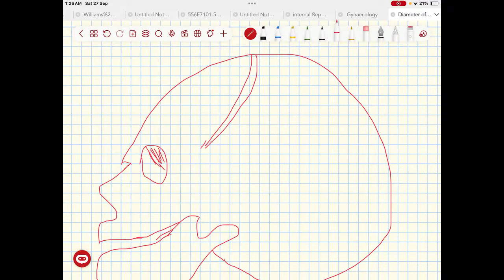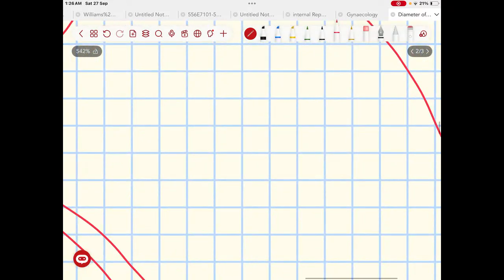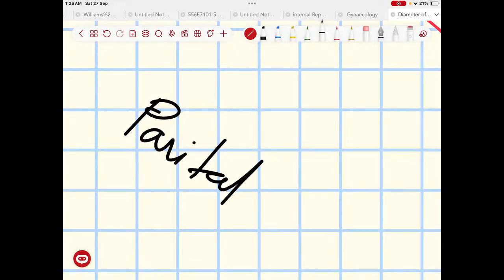That is the temporal bone, and this is the occipital bone. So I'm writing the parts. First of all, this is the parietal bone.